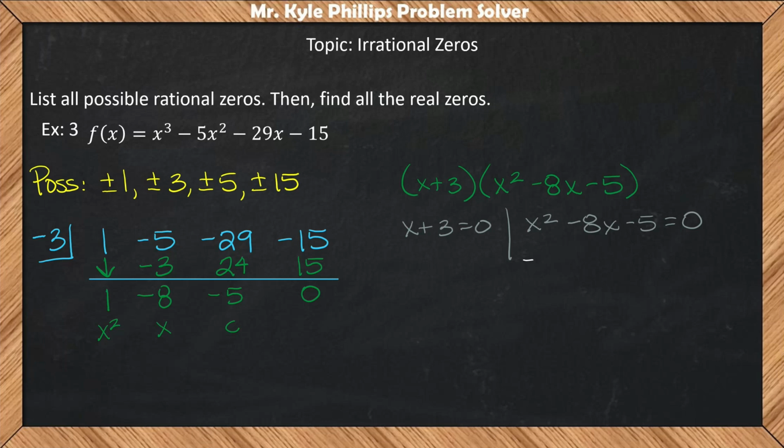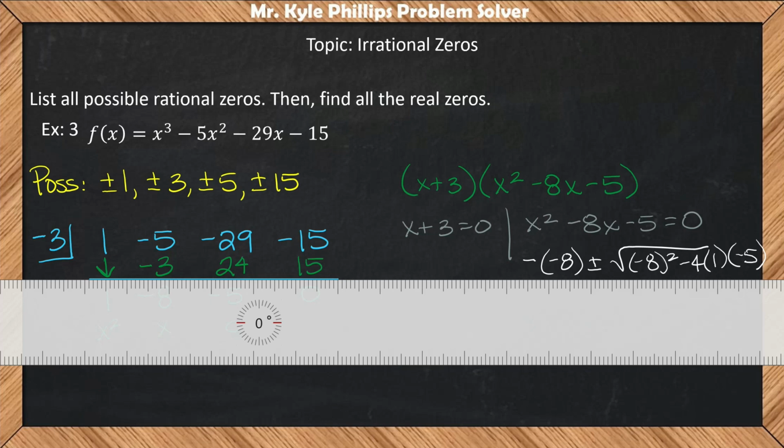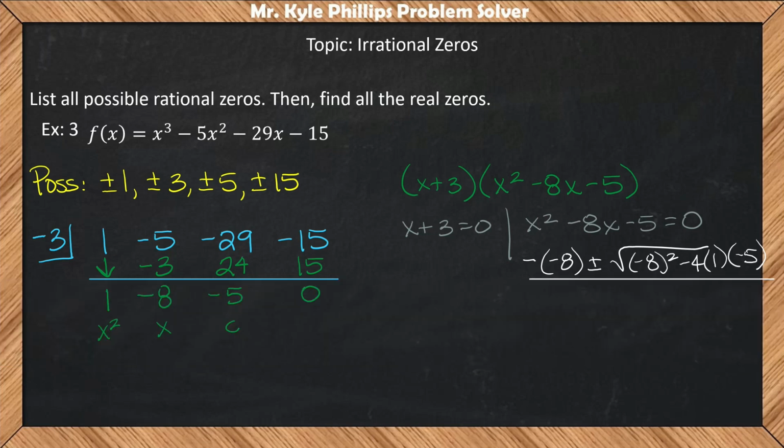So I have -b, so that's negative times -8, plus or minus the square root of b squared. So this is -8 squared minus 4 times a times c, and this will all be over 2a. So here I'm getting 8 plus or minus the square root of 64. And it looks like I have -4 times 1, which is -4, and then -4 times -5 is +20.